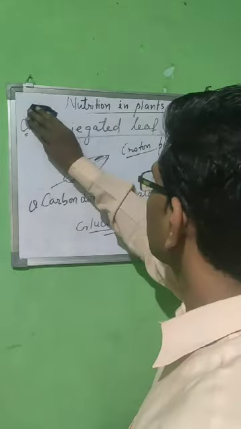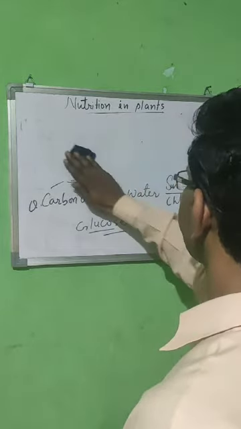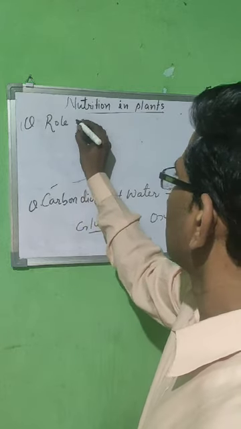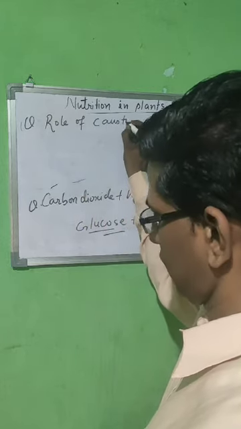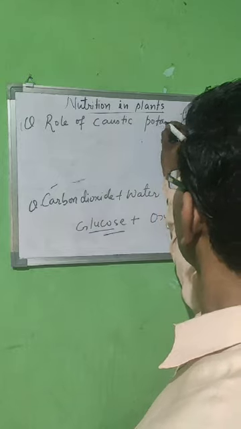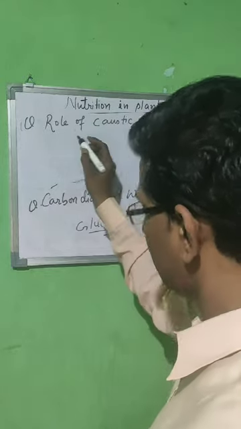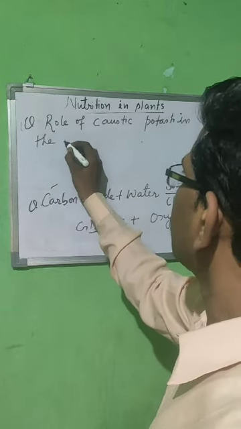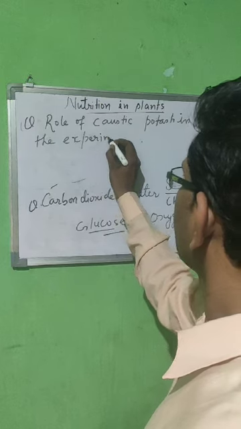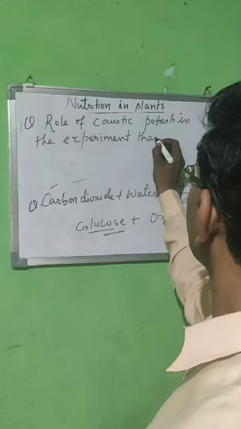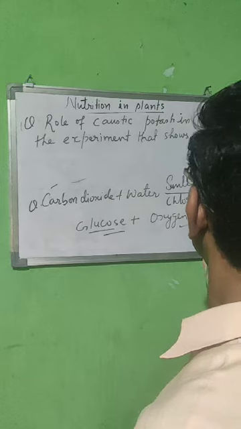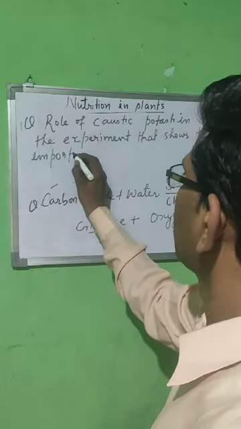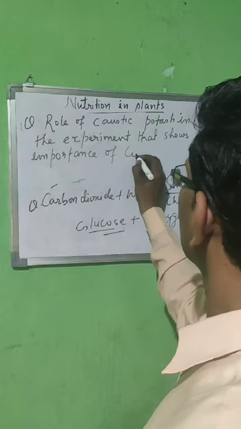The next question is, what is the role of caustic potash in the experiment that shows the importance of CO2, carbon dioxide?